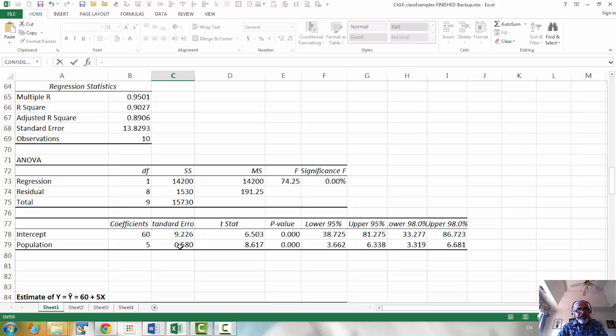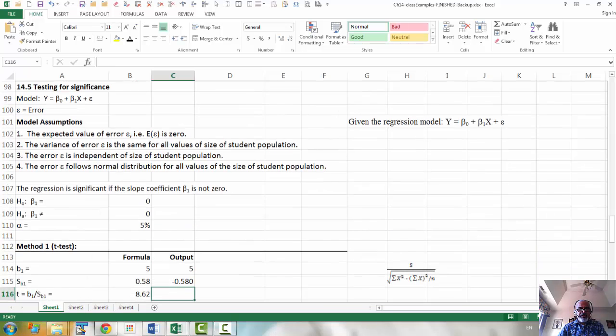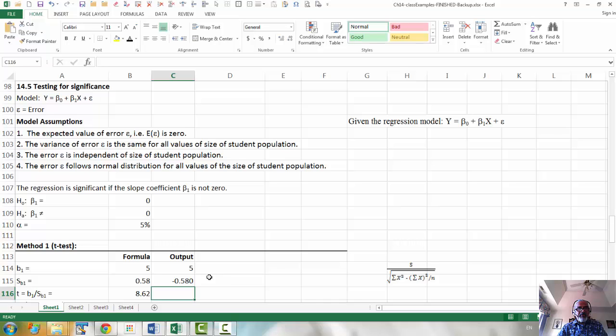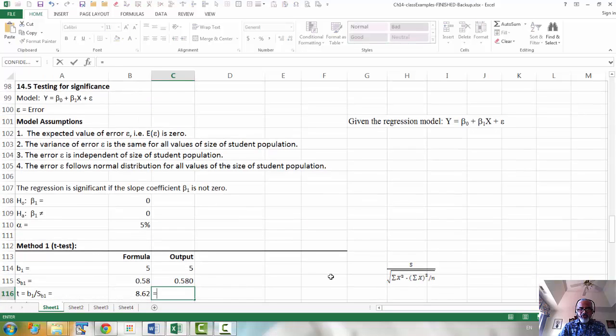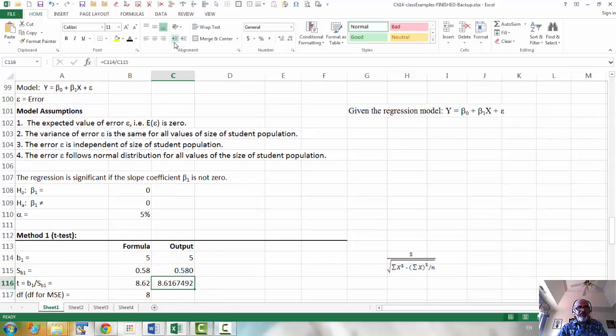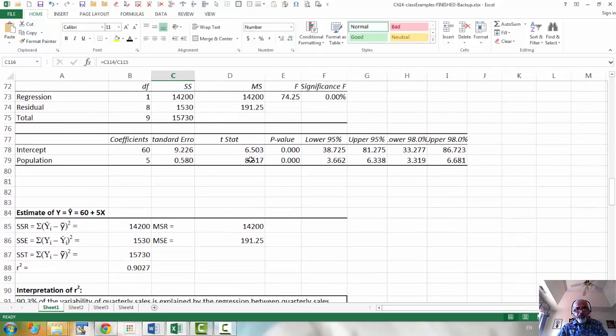The standard error of B sub 1, that's our S sub B sub 1. And of course, when you divide B sub 1 by S sub B sub 1, that will give us the t value, but in fact, the t value is also available in the regression output right here, the t statistic. And it gives us the p value alongside.